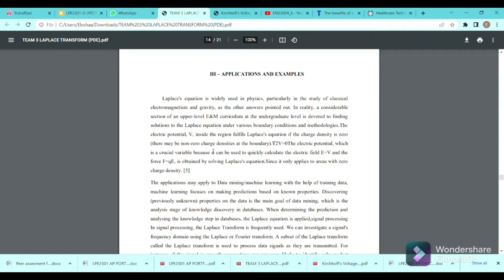Laplace equation is widely used these days, particularly in the study of classical electricity and gravity, as the other answers point out. In reality, a considerable section of an upper level E&M curriculum at the undergraduate level is devoted to finding solutions to the Laplace equation under various boundary conditions and applications.